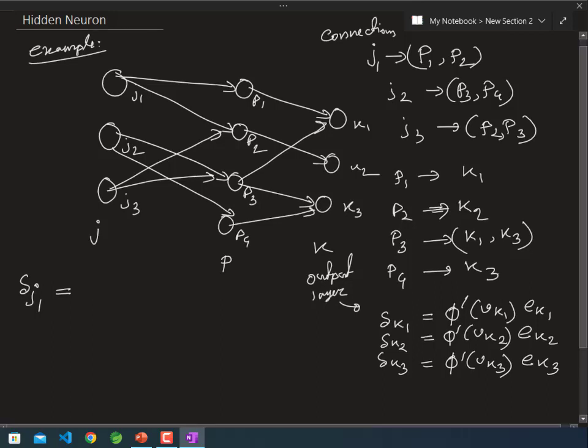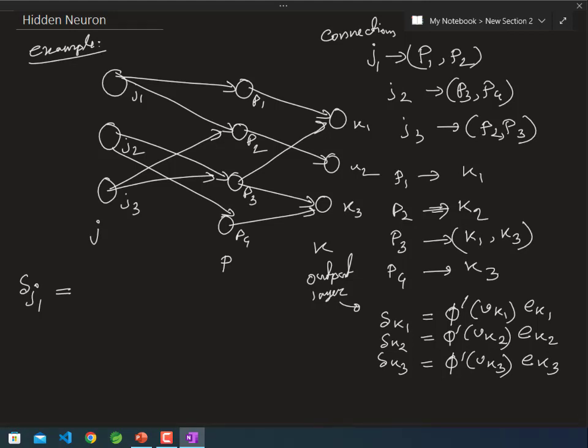For the output layer we can easily write the local induced error with the help of the activation functions, and the errors computed from the kth outputs, ek1, ek2 and ek3, are multiplied and combined into the local induced errors delta k1, delta k2, delta k3.